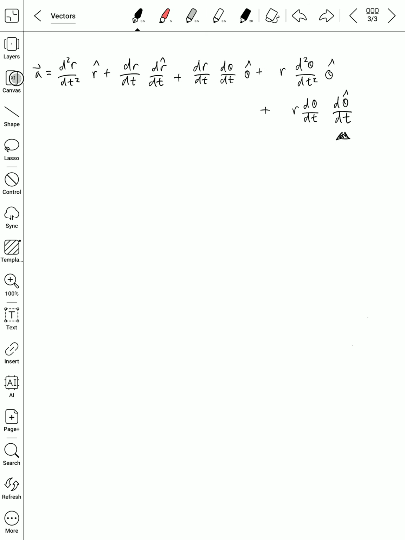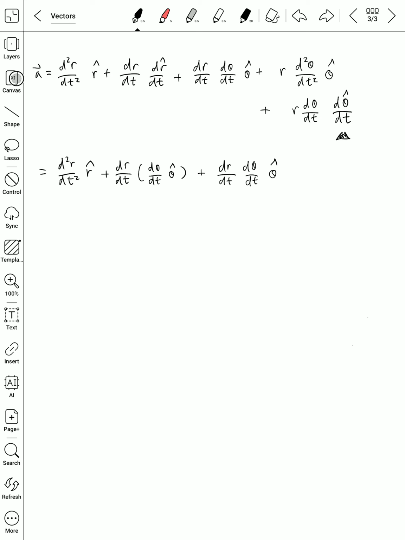a equals this. d²r/dt² r hat is already in its most simplified version. No need to touch that. Then dr/dt: expanding dr hat/dt, we get dθ/dt θ hat, plus dr/dt dθ/dt θ hat.